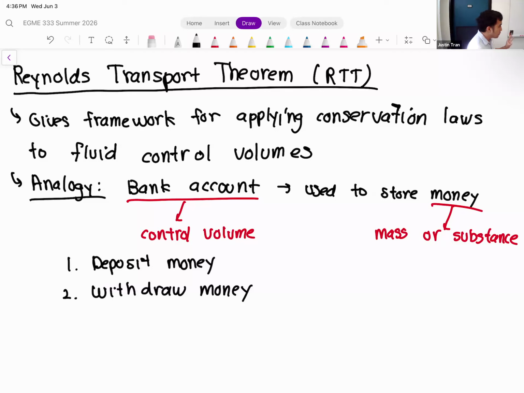There's actually a third thing that can happen within your bank account that can generate money for you. Most of the time, it's negligible. But if you deposit your money in, let's say, a high yield savings account, your bank account will generate interest that gives you money based on the amount of money you have in there already.